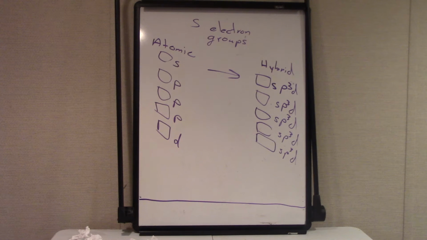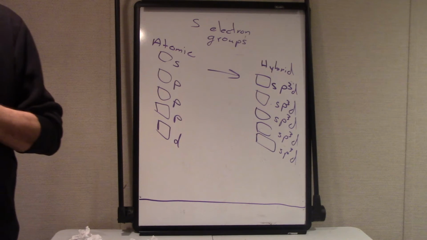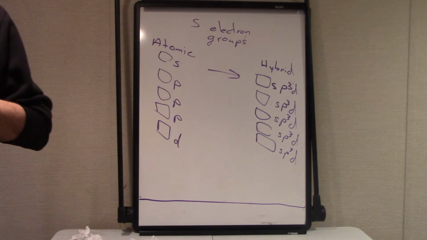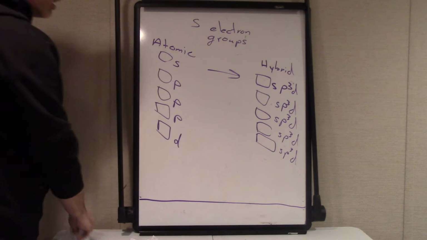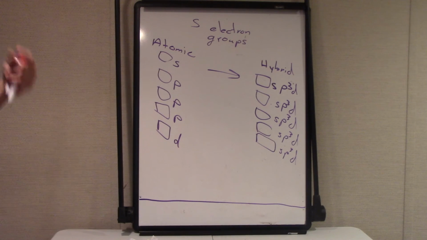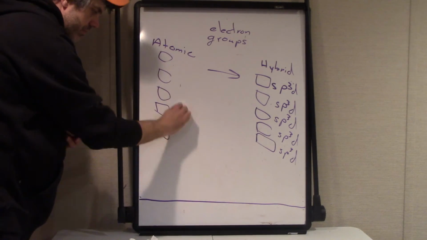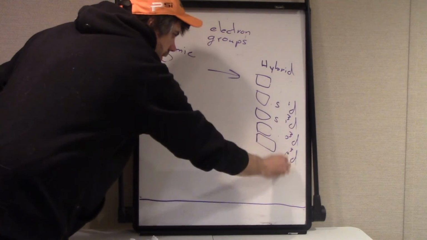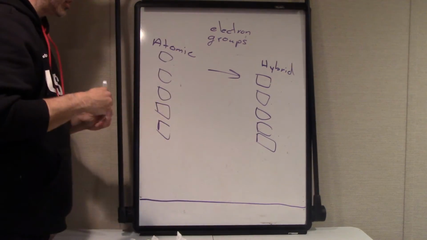These are going to be arranged in that trigonal bipyramidal fashion with the equatorial and axial positions. You're going to get 90-degree angles, 120-degree angles, and those 180-degree angles coming out of that. If we show how our hybrid orbitals get created for our last type of electron group, that's when we have 6 electron groups.